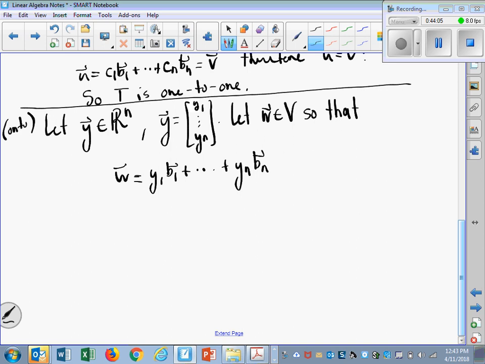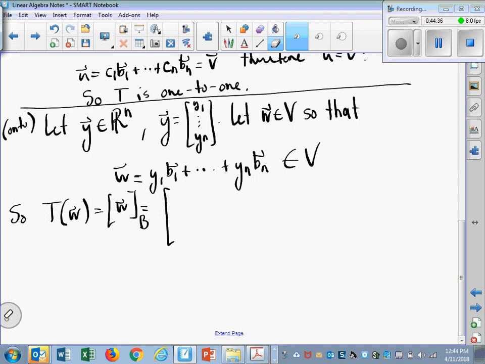So w is in V, and these are the basis vectors. So then T of w is the B coordinates of the vector w, which is y1 through yn, which is y.